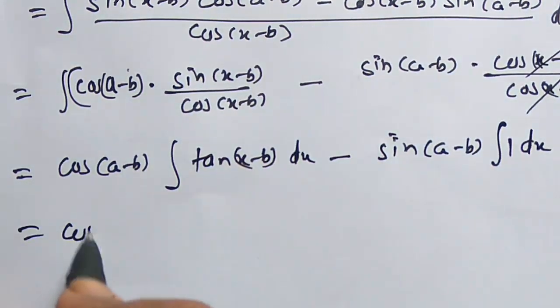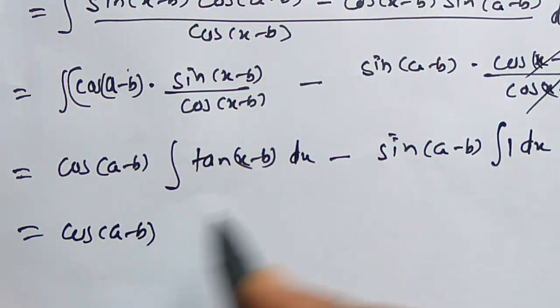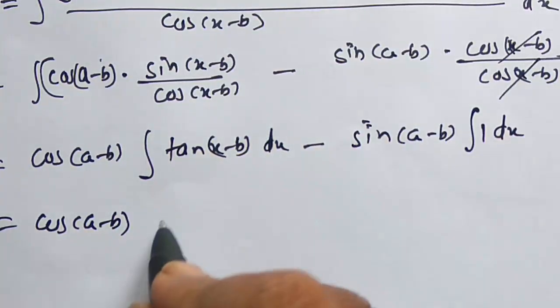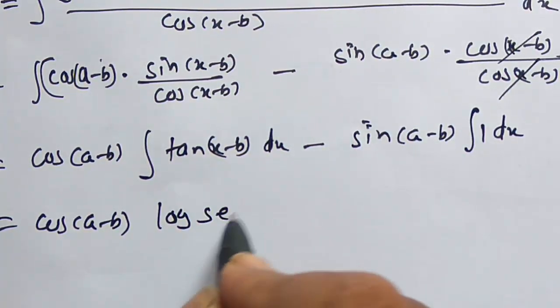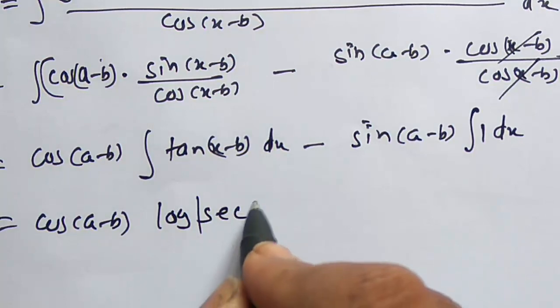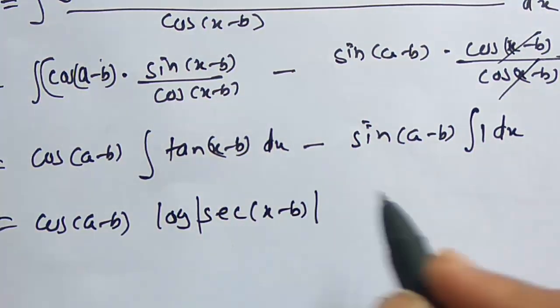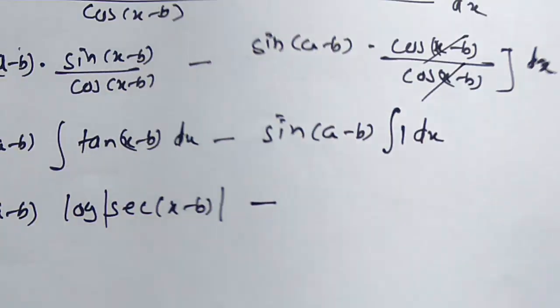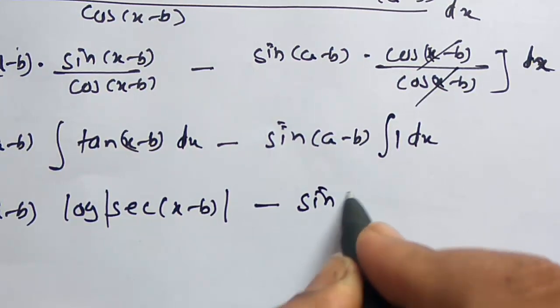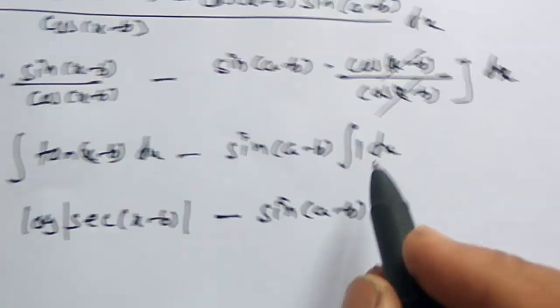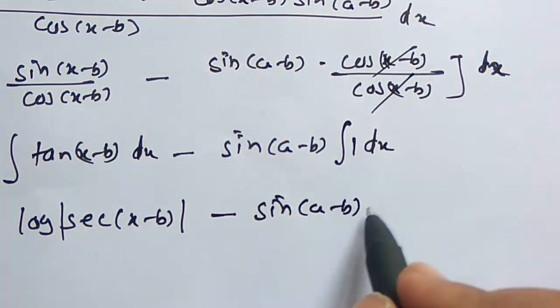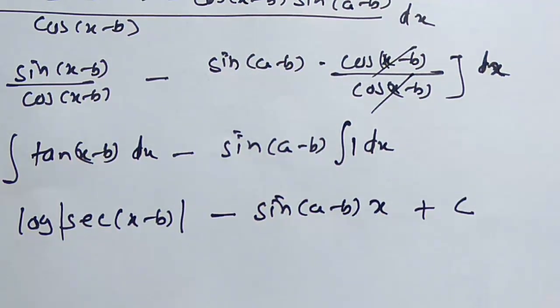This is equal to cos of (a minus b) integration of tan is log of sec of (x minus b) minus sine of (a minus b) integration of 1 is x plus some constant c.